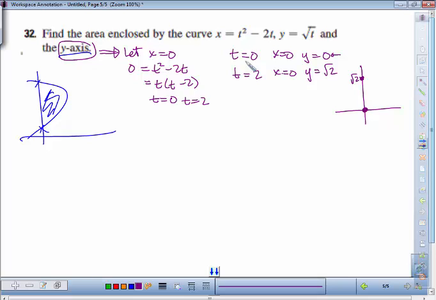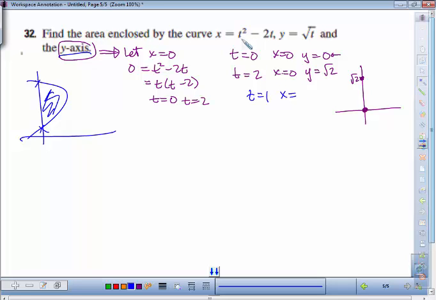So when t equals 1, it's a number between 0 and 2. And for all intents and purposes, all the stuff that we're going to be dealing with is nice and continuous. So if t gives an x value that's positive or negative, that's what we're going to be concerned about. Okay, so when t is equal to 1, what happens to x?